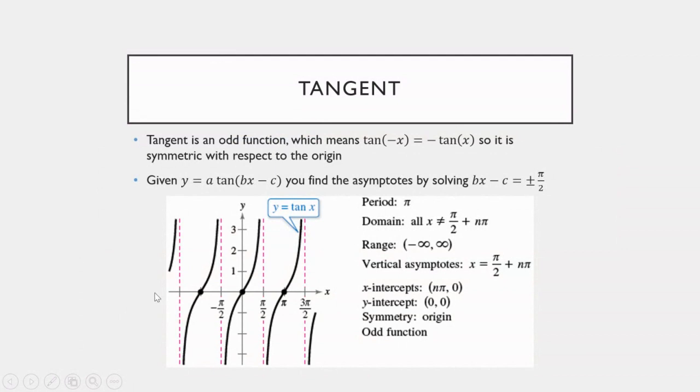Okay, so we're going to go through all the different types of trig functions, and while I encourage you to sketch them or use Desmos to graph them, I'm also going to show you how you can determine things like where the asymptotes are, the period, the domain, and then figure out what it looks like by hand, just so you have a better understanding of it.